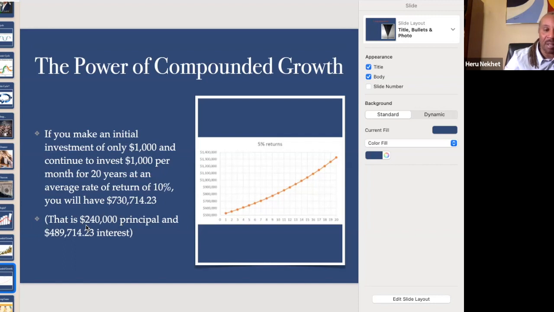So $1,000 initial, $1,000 a month for 20 years. With your linear growth, it would only be $240,000, which some of you think is good, which, yeah, if you're disciplined, that's pretty good. However, you could have at 10% gotten $489,714.23 interest, which brings us to the $730,000.